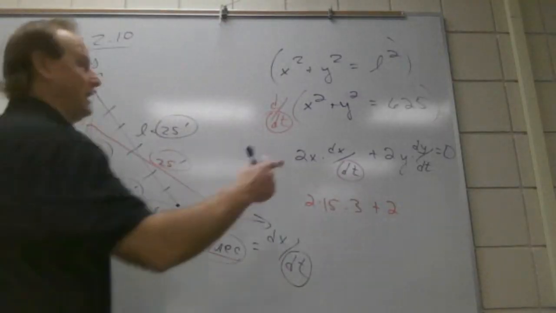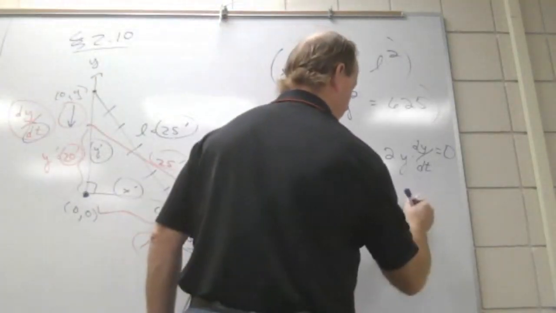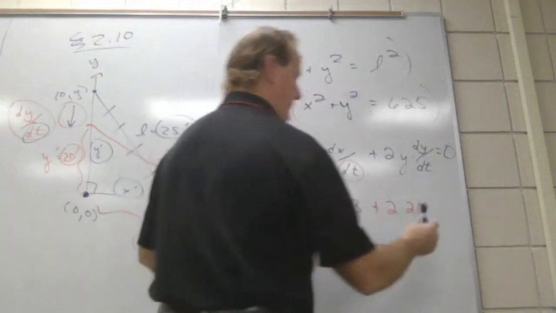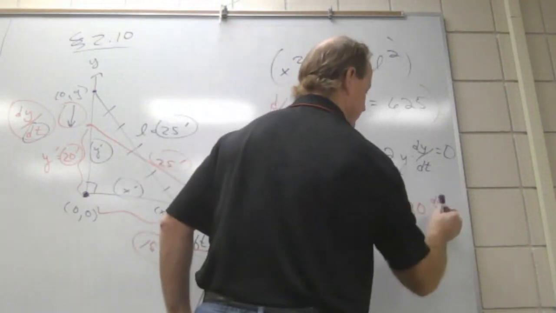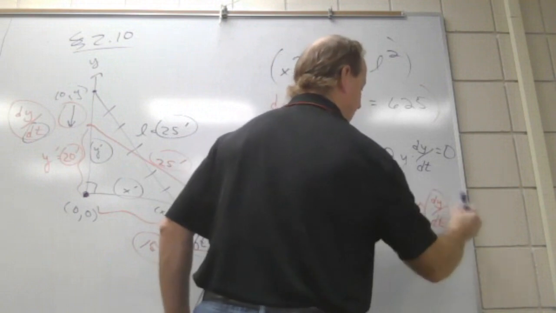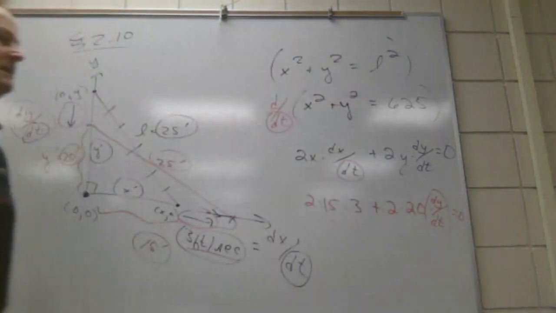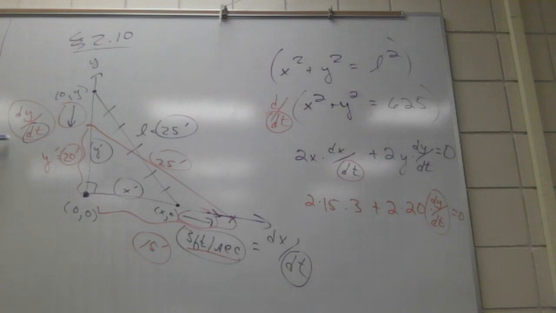We figured y to be 20 because we used the Pythagorean theorem, the 3, 4, 5 right triangle relationship. Then times dy dt, which is what we're trying to find, and that equals 0. Does everybody agree? We're trying to find dy dt: how fast is the ladder sliding down the wall, the rate of change of y with respect to time.